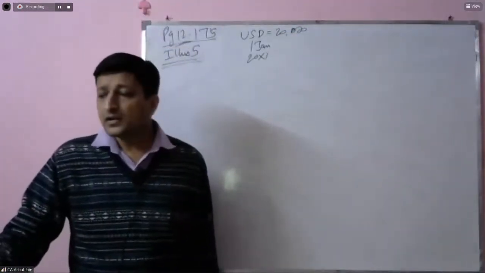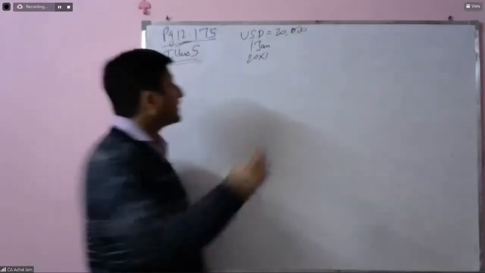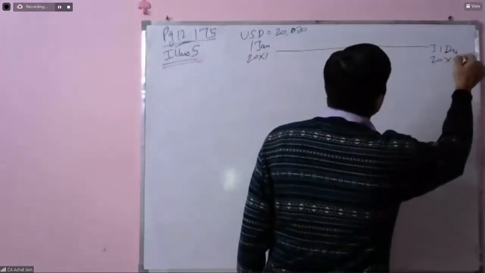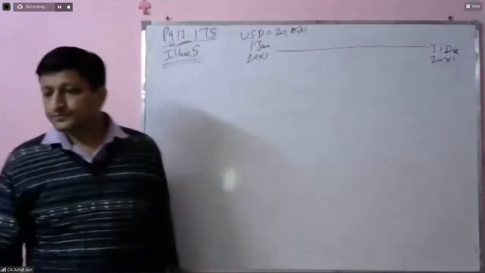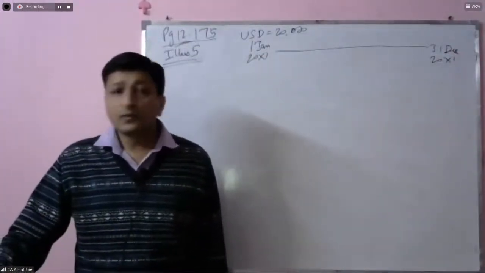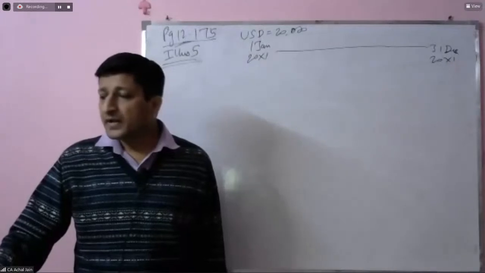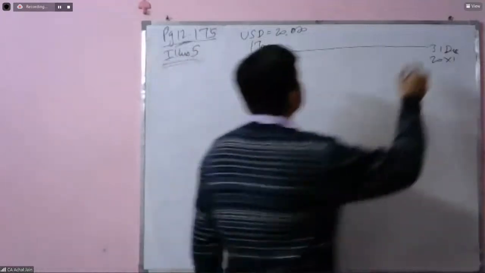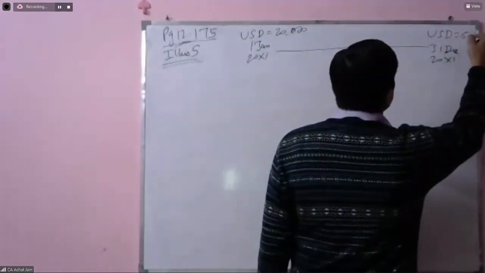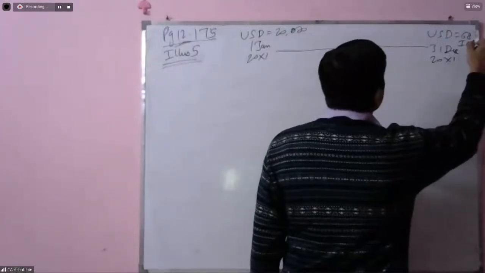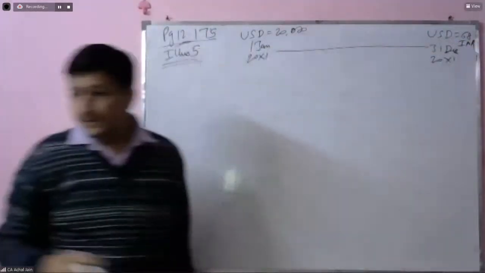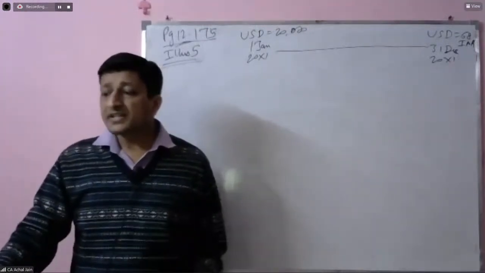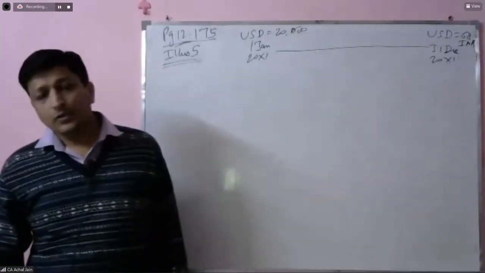This needs to be settled on 31st of December, that means after 1 year, for a rate equal to rupees 68 per USD at the option of JT Corporation. Who has the option? JT Corporation. SAM Company Limited did not receive any amount upon entering into the contract.